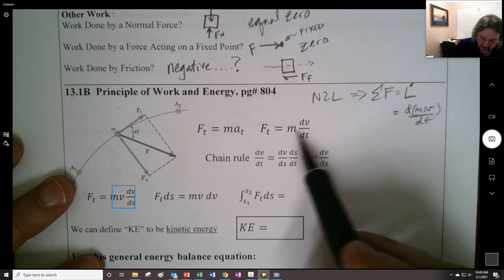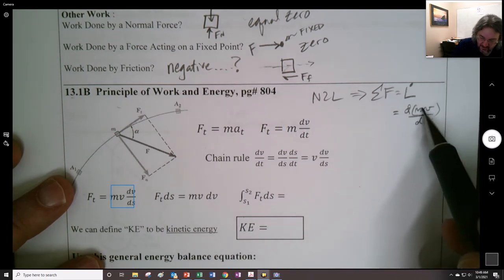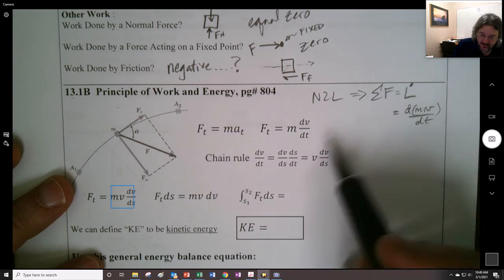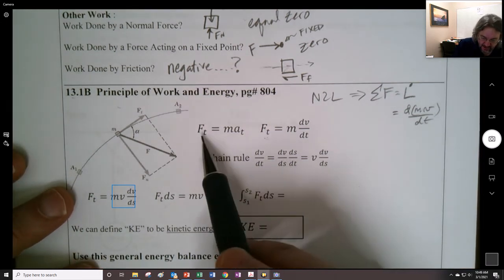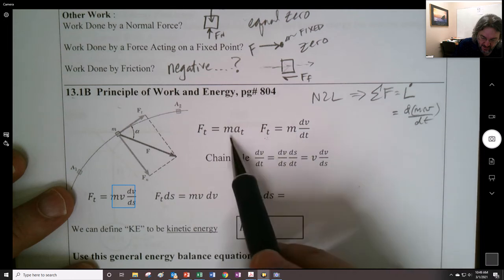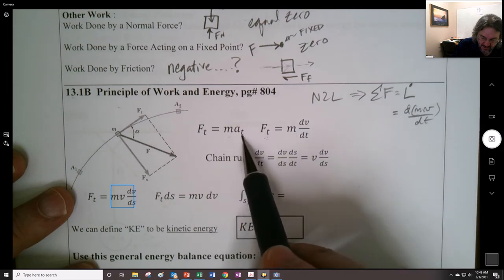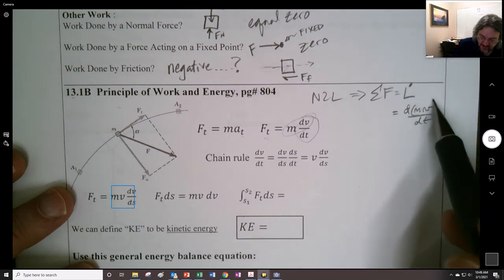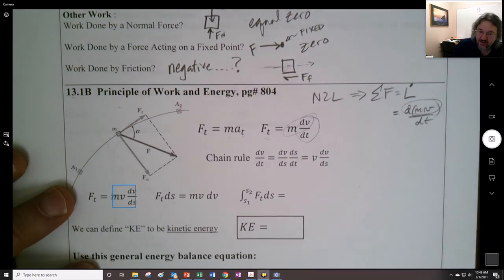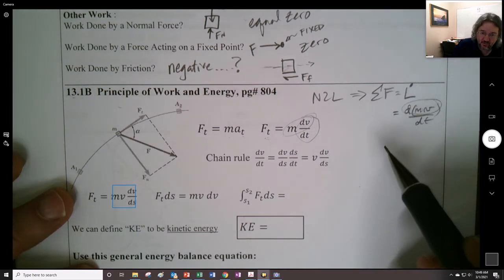But we recognized that mass is going to be constant here. So in the tangential direction, what we have for F equals ma is F equals the mass times the acceleration in the tangential direction right here. So you'll see that it's right in there, right? That's the same thing we're repeating right here.